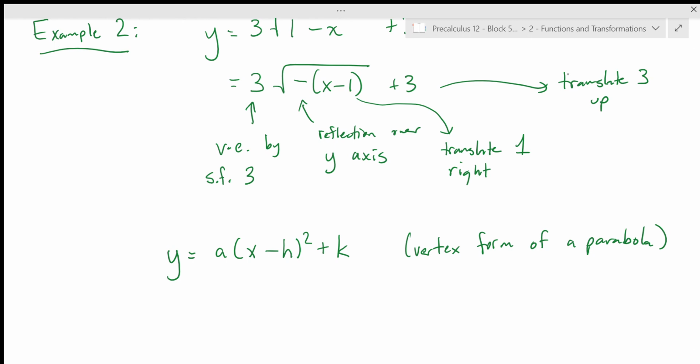We can think of a as a vertical scale factor, and that was something you did last year with parabolas. The h is our horizontal translation, where we have moved the vertex to, and k is our vertical translation. We do that around the vertex because it's a nice turning point that we can latch onto. We translate that point, and then we get the rest of the parabola because we know how it works.